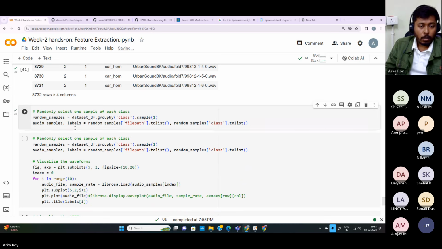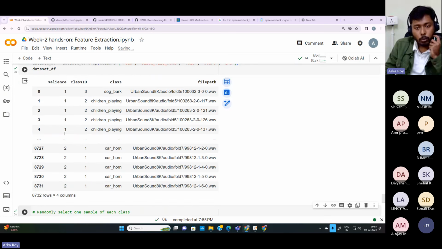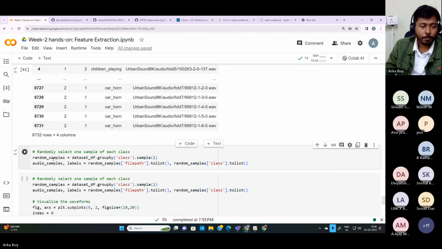Currently, I will randomly take one data for each of the classes. We have a total of 10 classes, so I will take 10 data in all.